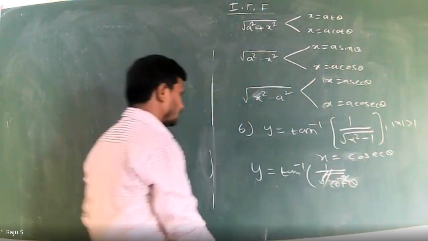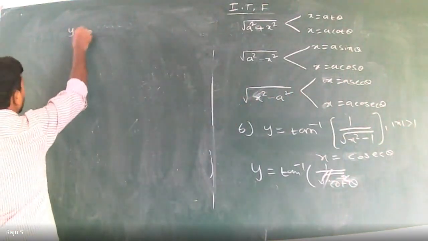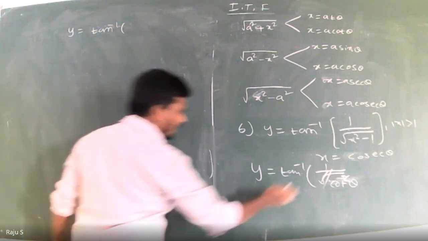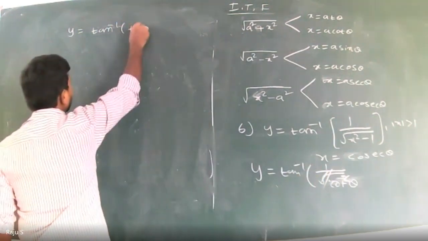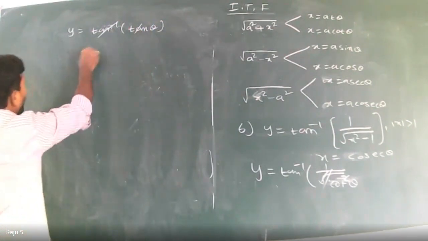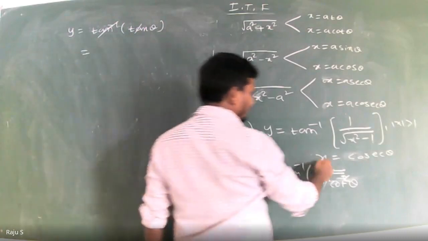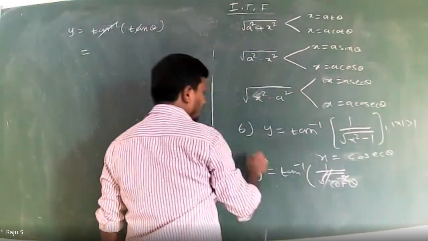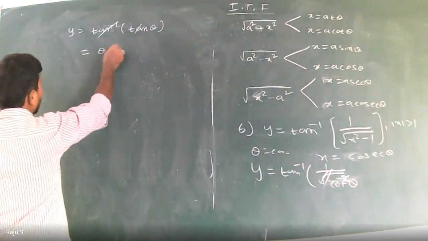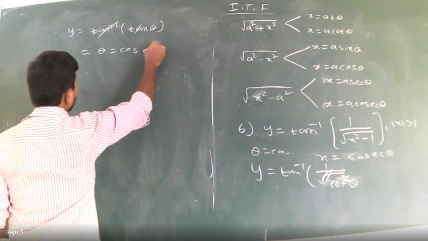Square root cancels. Y is equal to tan inverse of 1 by cot theta, that is tan theta. Tan and tan inverse get cancelled, leaving theta. What is the theta value? See here, x is equal to cosecant theta, and theta is equal to cosecant inverse x. Am I right? Yeah, theta is cosecant inverse.